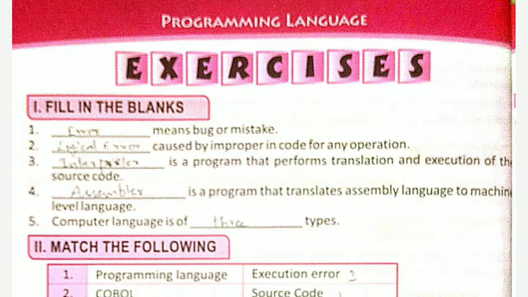As we discussed earlier, interpreter is a program that will convert high level language or any level language into machine level language. Fourth one, assembler is a program that translates assembly language into machine level language. Assembler is software or a program that is used to convert only assembly level language to machine level language.